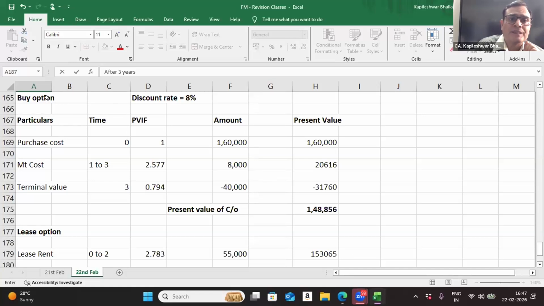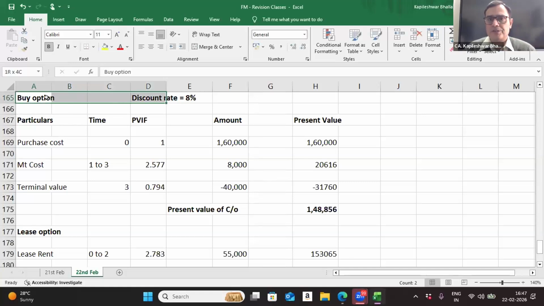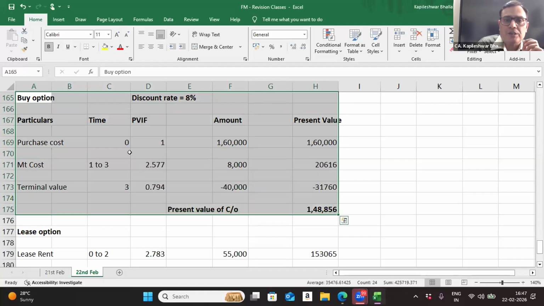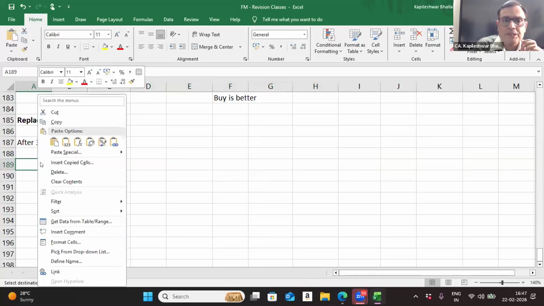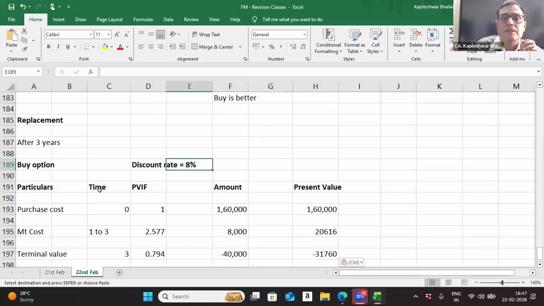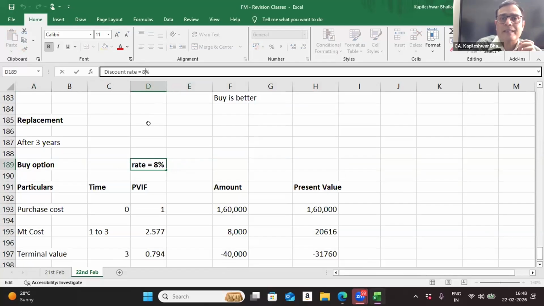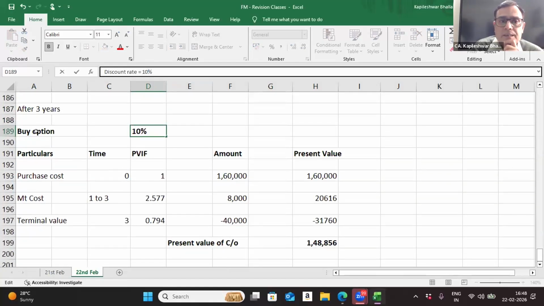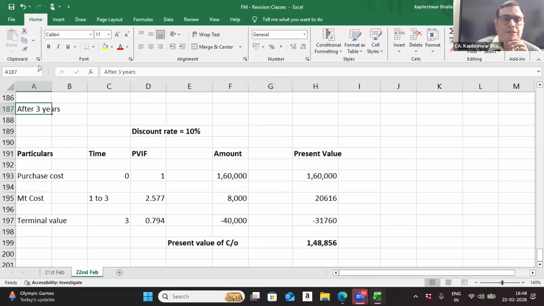So at least let's do one thing. Let's copy this, and we can just change the discounting rate in this case. So we replace after 3 years. We need to consider a discount rate of 10%. So this is replacement after 3 years. Purchase cost would remain the same.